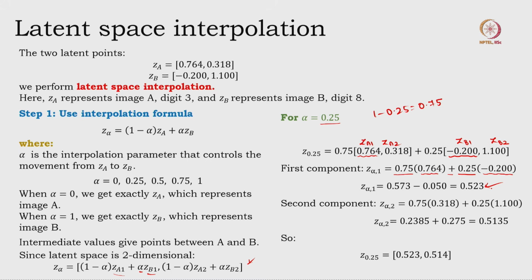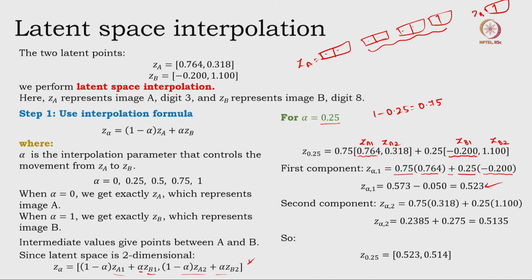Now you should get the second term. Why? Because ZA is two-dimensional, so the intermediate should also be two-dimensional, and ZB is once again two-dimensional. So all our intermediates should get two values.